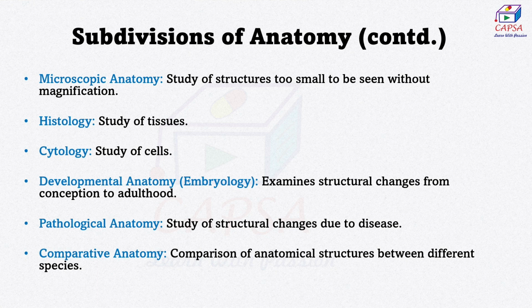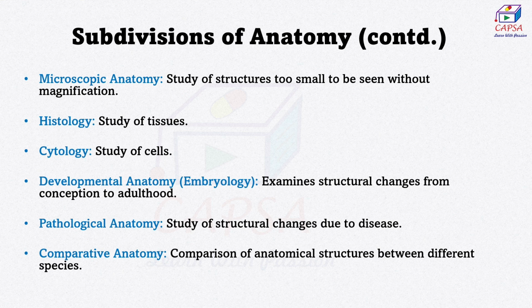Continuing with the subdivisions of anatomy, we move to microscopic anatomy, which involves the study of structures that are too small to be seen without magnification. This includes histology, the study of tissues, and cytology, the study of cells.